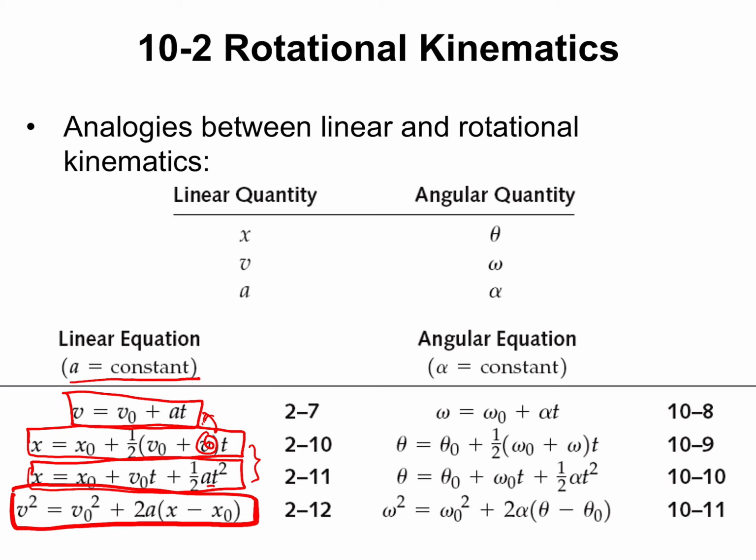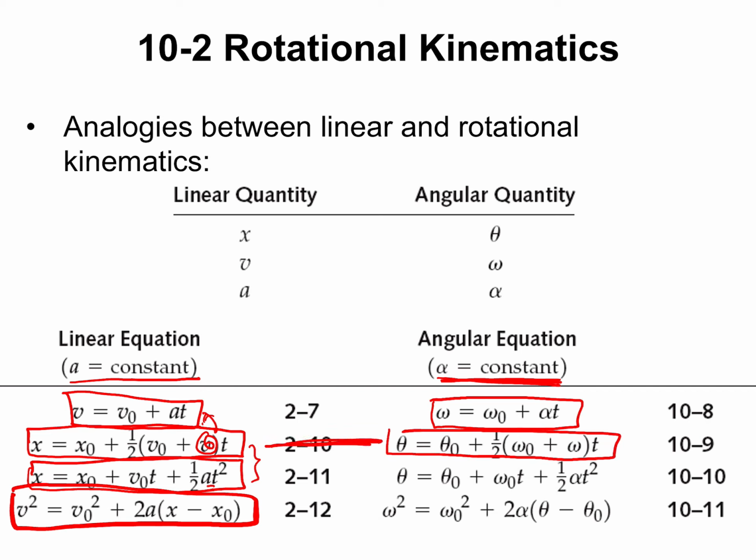Because we define everything in the same logic, in angular motion, if alpha, the angular acceleration, is constant, then angular velocity is this term, and angular position is this term. Exactly the same, you see.